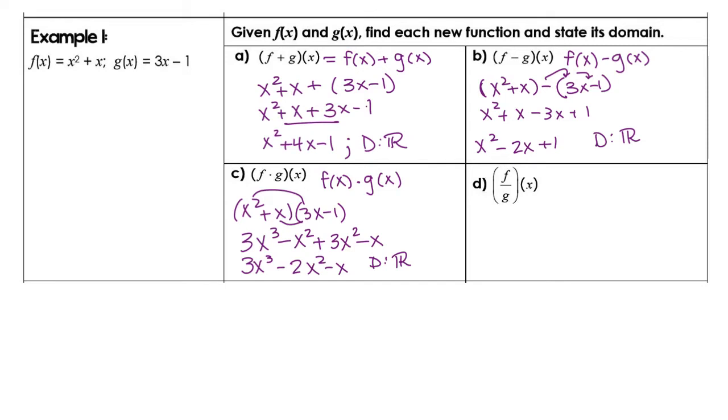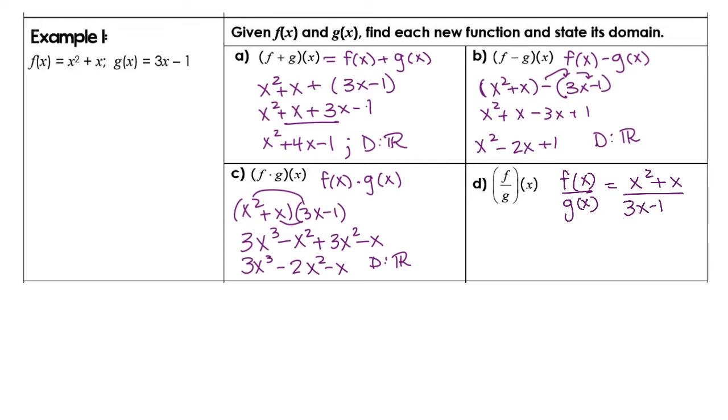Now, on part D, it looks like we might have a little bit of a restricted domain here. We have f at x over g at x. And so notice for this one, we will have x squared plus x, and that's going to be over 3x minus 1.